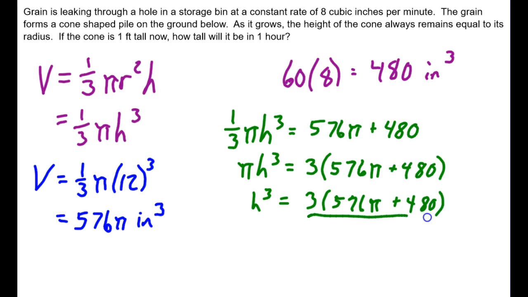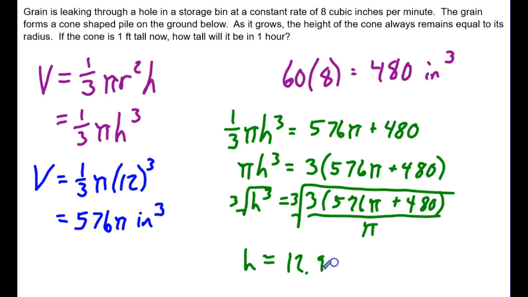And then we have all of that divided by pi. And last step would be to take the cube root of each side of this equation. If you do that, we get h is approximately 12.98 inches.